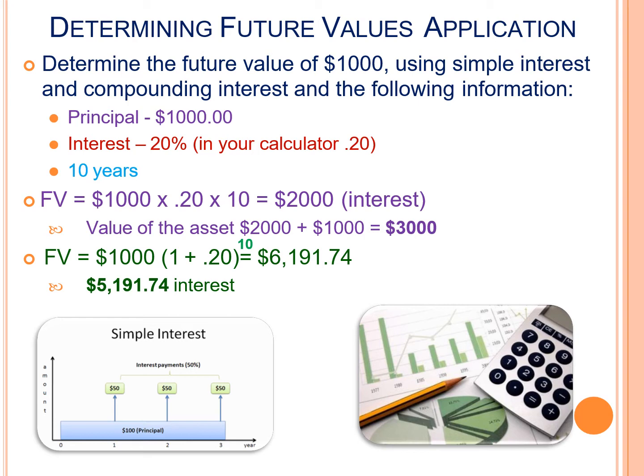So now let's think about this for a second. There are very few investments you could ever get that pay you 20%. That would be amazing. But there is something where you pay 20% compounding interest, and that's a credit card. If you were to run up $1,000 on your credit card and you didn't pay it off for 10 years, that is what you're going to see on your account balance.